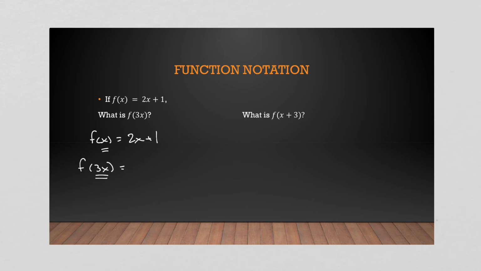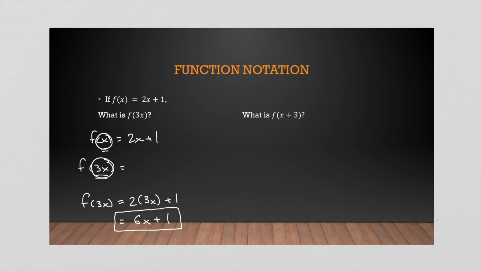So this becomes f of 3x equals 2 times, not x anymore, but 3x. So you just sub this for this, plus 1, which gives us 6x plus 1. So that's it. That's your answer. Because we're not solving, we don't have information to solve for it. But that's what f of 3x is.